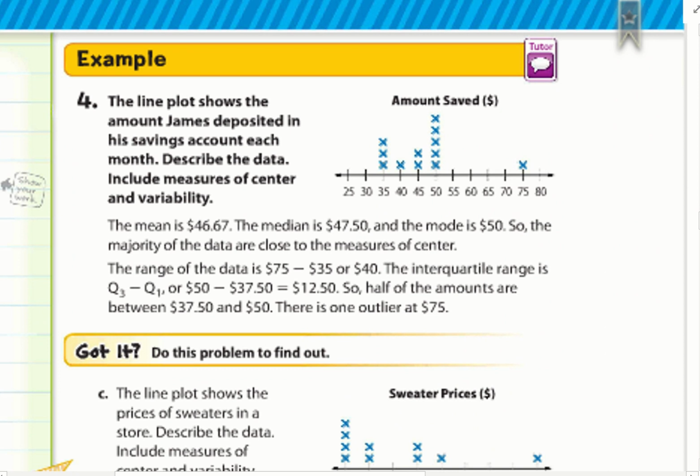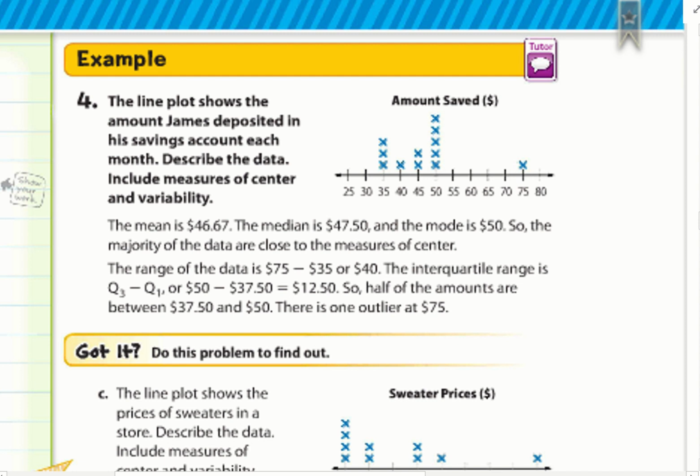Example 4. The line plot shows the amount James deposited in his savings account each month. Describe the data and include measures of variability. So the mean is $46.67. The median is $47.50, and the mode is $50. So the majority of the data are close to the measures of center.